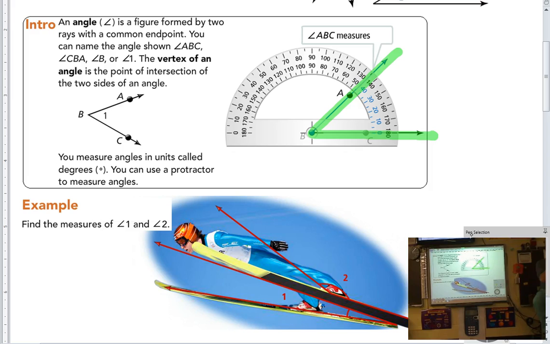Jaheim? You're right, but that's angle pairs, so that would involve two angles. Solomon? Straight angle. What's a straight angle measure? It's 180.